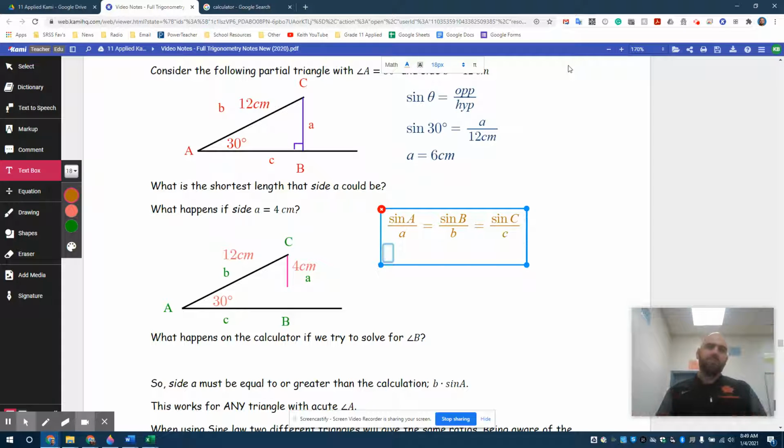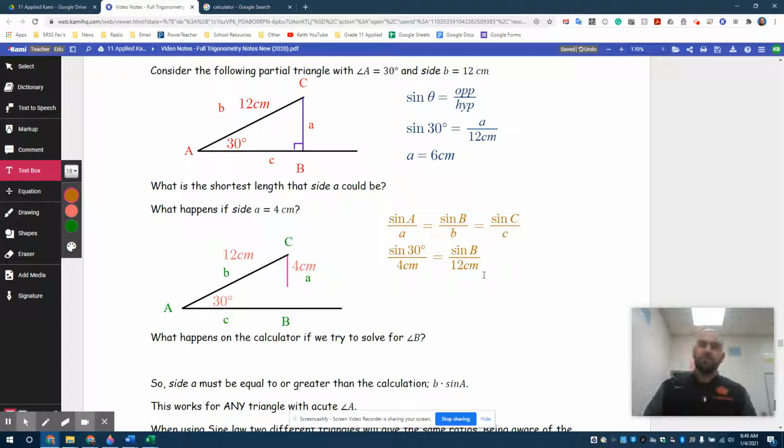We have angle A, we have side A, and we're trying to find angle B. So when we put this in, we have sine of 30 degrees over little a, which we said was 4 centimeters, is equal to sine of B, which we're trying to find, over little b, which is 12 centimeters. So this is what we know. We're trying to find angle B here.